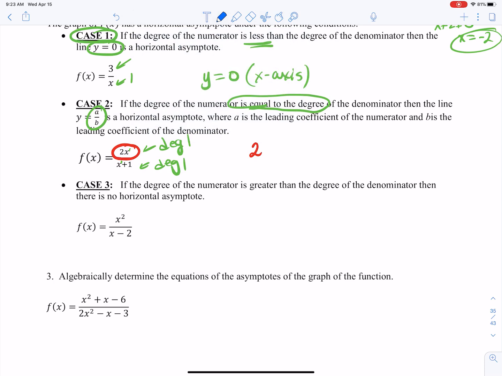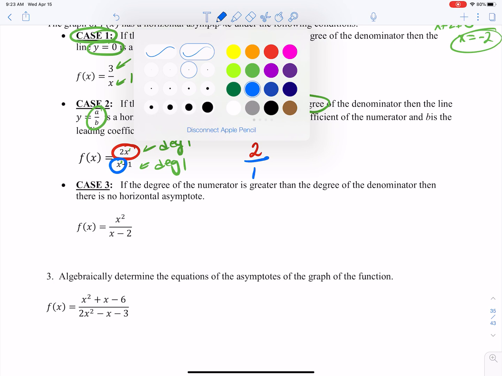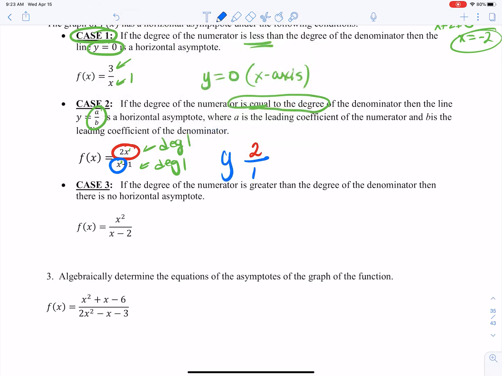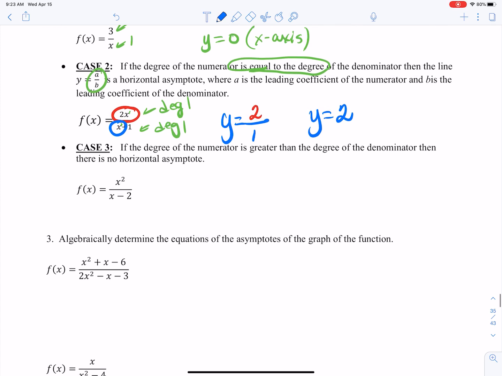The coefficient of the leading term of the denominator is 1. So my horizontal asymptote is going to happen here at y = 2. Case 3, if the degree of the numerator is greater than the degree of the denominator, then there's no horizontal asymptote. So there will be no horizontal asymptote in this case.